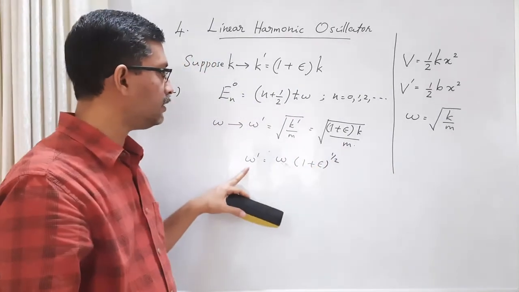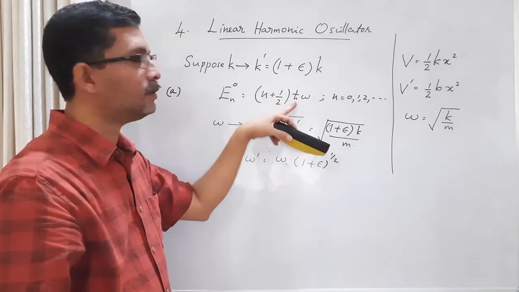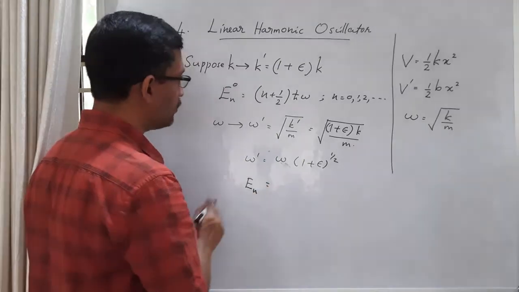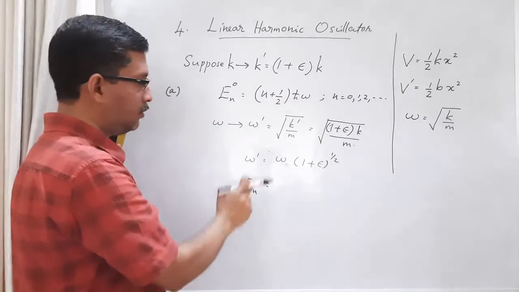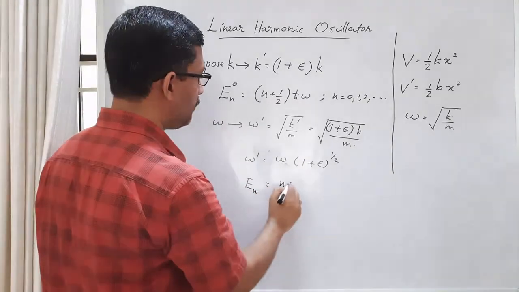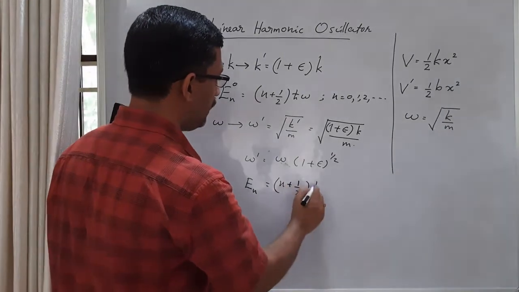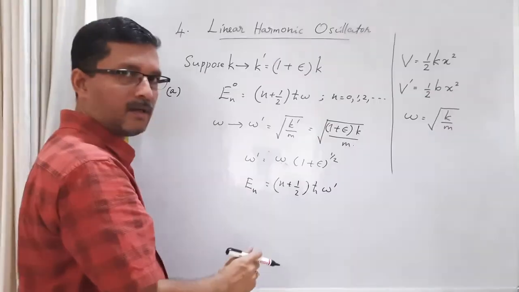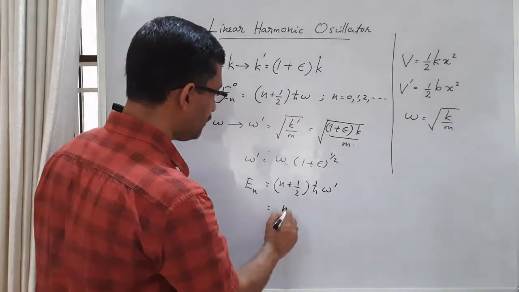So now you have obtained the new frequency. Therefore, what are the new energy values? If this is E_n^0, this is E_n, which is again (n plus half) h cross omega prime. Instead of omega, we have omega prime. And what is this omega prime?